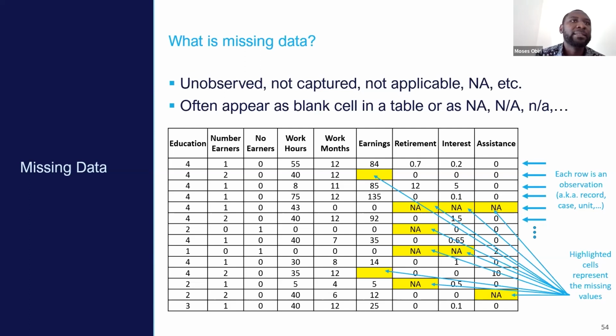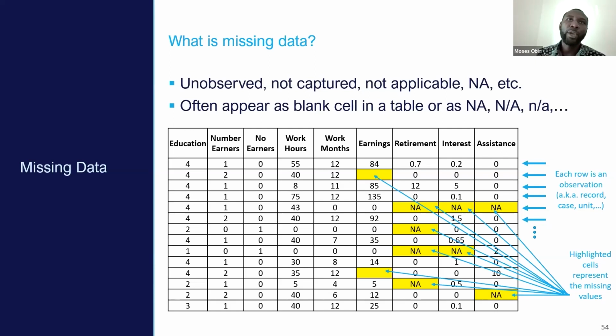Here 1 means that the person has a lower level of education, and 4 means that the person has a higher level of education. They were also asked about the number of hours they work in a year, the number of months they work in a year, their earnings in thousands of dollars, their retirement interest, and whether they receive assistance or not.